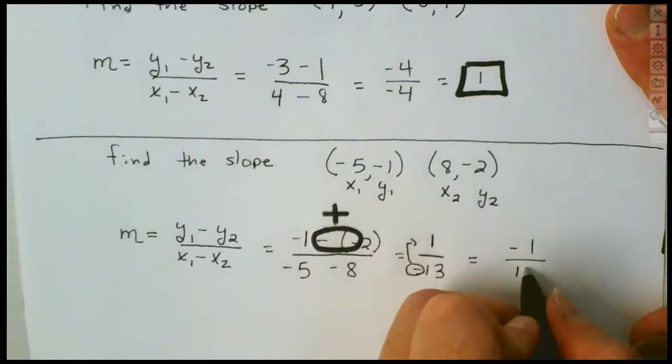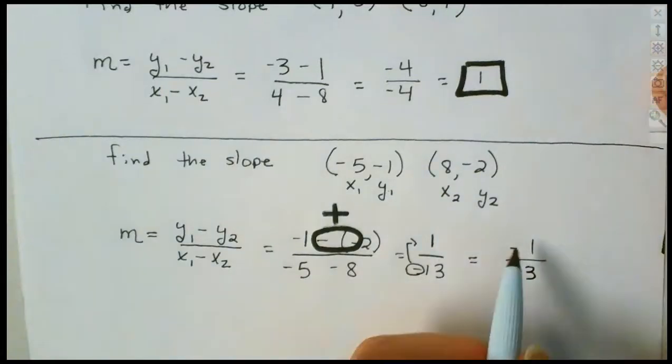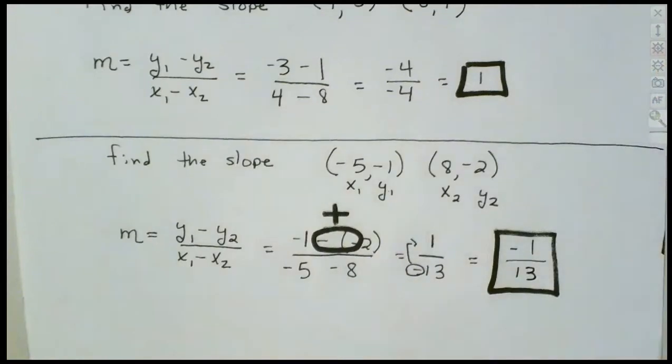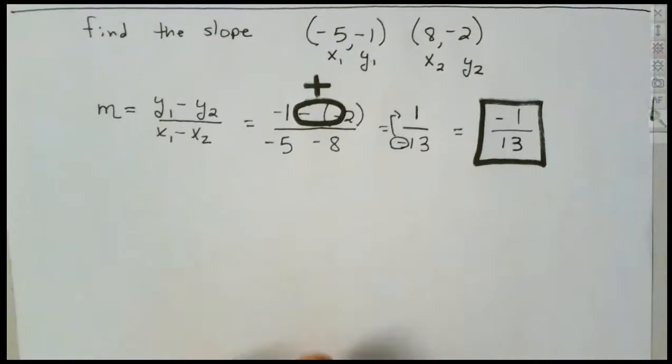Minus 1 over 13. And that's just a matter of using the formula here. Okay, I want to do one more. We'll take a break, and we'll come back, and we'll look at how to do it with the fraction. And then we'll move on to talk about line equations.